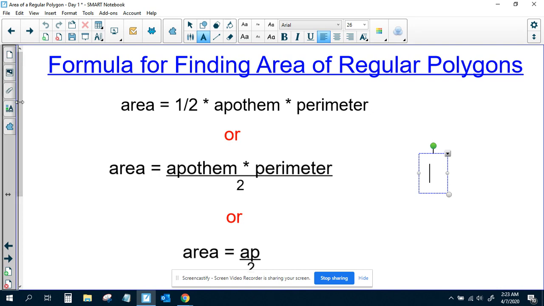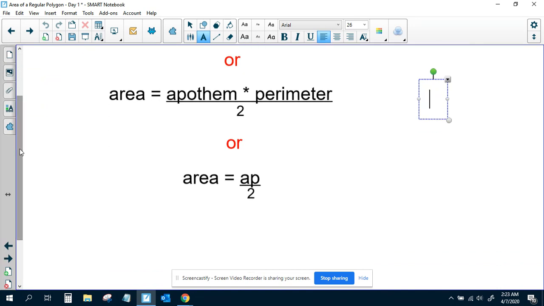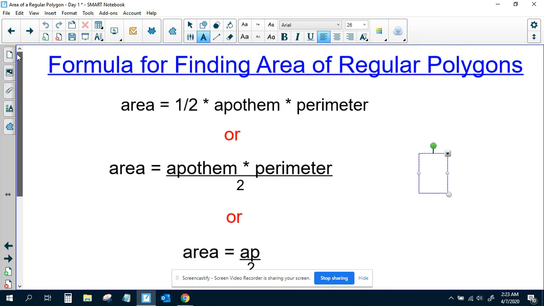Our shortest definition here is just area equals A times P over 2, A standing for apothem, P standing for perimeter.